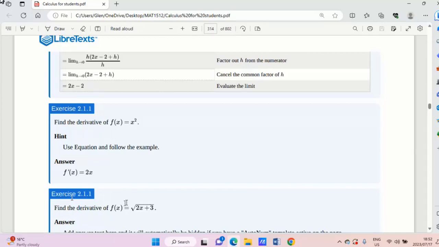And then I got 2x plus 2h plus 3 minus, in brackets, 2x plus 3. My denominator was h, in brackets, square root of 2x plus 2h plus 3, in between plus, and then the other square root of 2x plus 3.